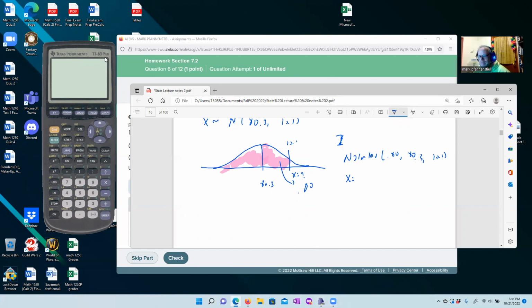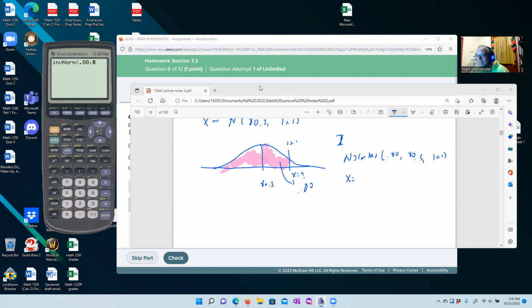So we go to our inverse norm. We're going to get second function, distribution. We'll turn it on first. Okay, we're going to go to inverse norm, and then we're going to enter 0.80, comma. Now it has to know where this distribution is.